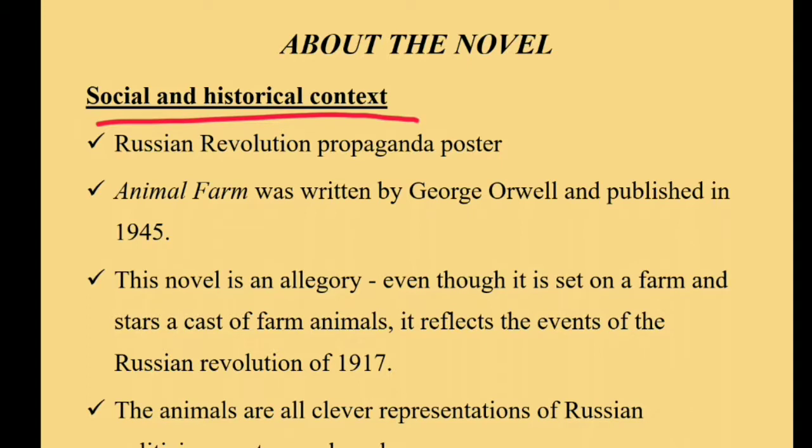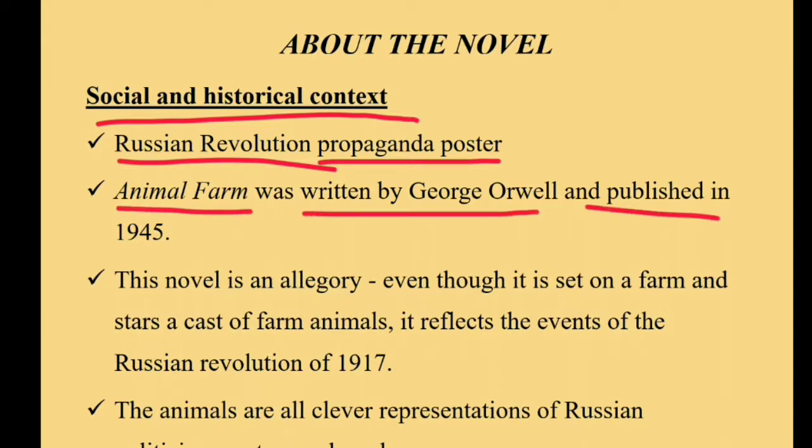I told you that it talks about Russian Revolution. Okay. So, propaganda related to Russian Revolution was shown through posters. Animal Farm was written by George Orwell and published in 1945. This novel is an allegory.